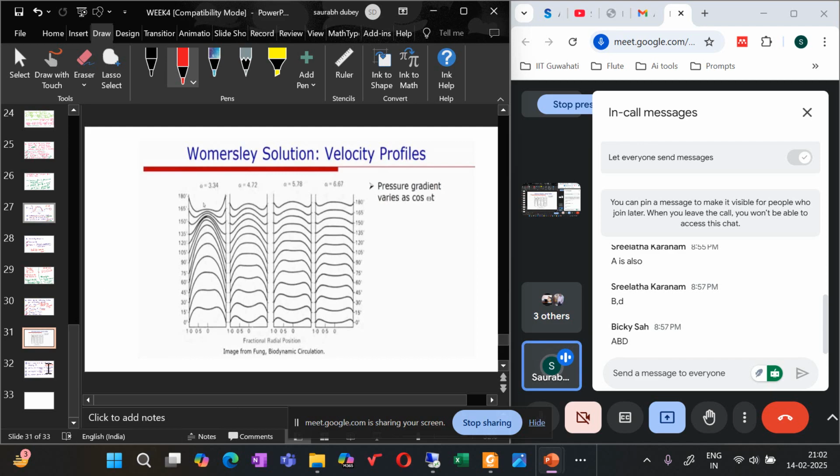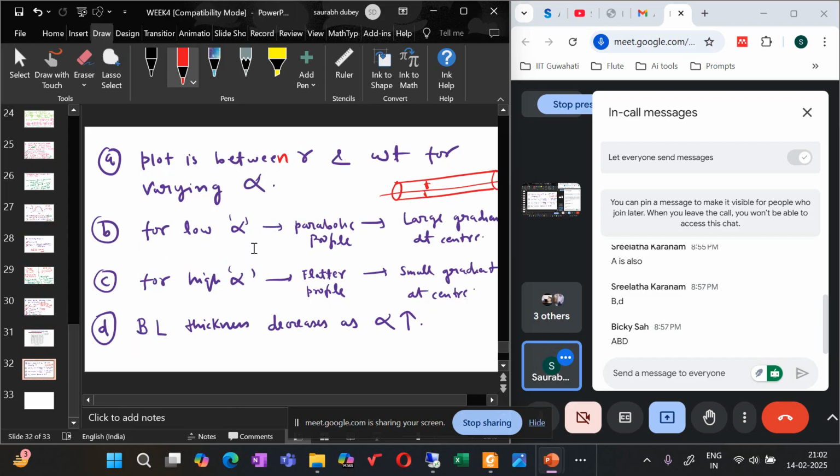So what I'm saying is, based on this particular flow profile, option B says that if you have low alpha, then there will be a mostly parabolic profile, and in that case there will be a large gradient at the center, right?